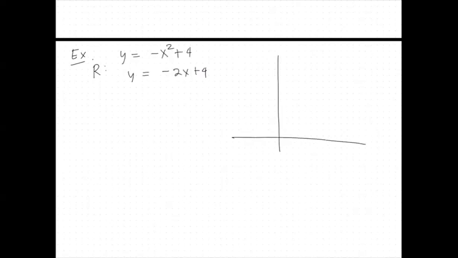So the curve is the following. The region is bounded by y equals negative x squared plus 4 and y equals negative 2x plus 4. So if you're going to graph this, this is the graph. And then we want to get the intersection.